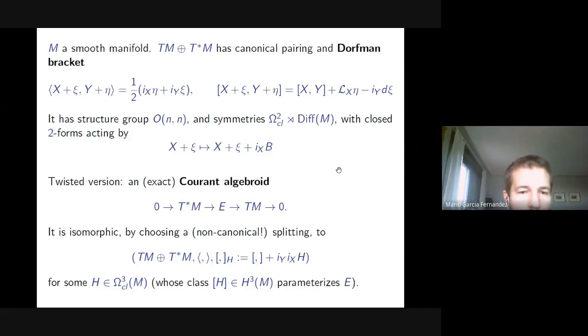Let me not go into the axiomatics, but let me just tell you that this E has a split signature metric, and if you choose an isotropic splitting, then E is isomorphic to tangent plus cotangent with the same metric as before, and a bracket which is now twisted by a three-form. It's the same bracket I had before, with a twist by a three-form. And the class of the three-form in the degree three cohomology of the manifold parameterizes isomorphism classes of these E's. This is called the Ševera class.